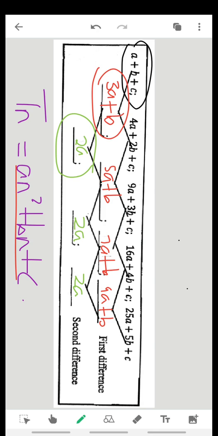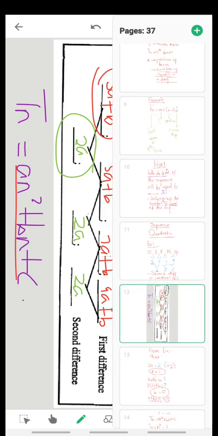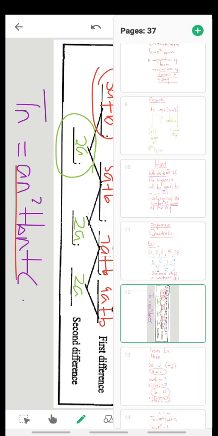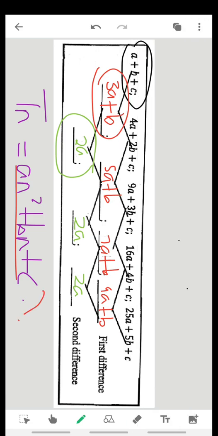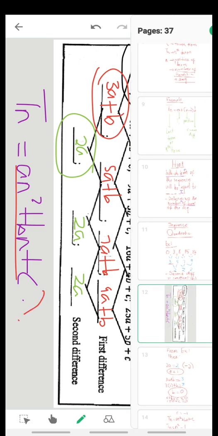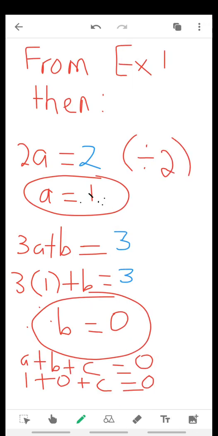Now let's find our A, B, and C so that we can find our nth term, for example number 1. From example number 1, this is what I have. 2A is equal to 2 from the second difference. When I divide both sides by 2, I'm getting A is equal to 1.